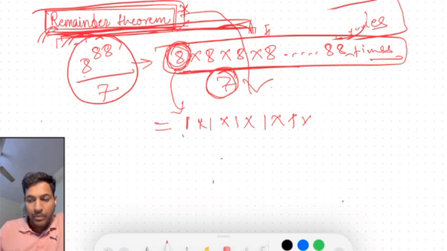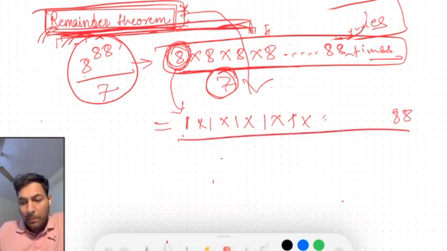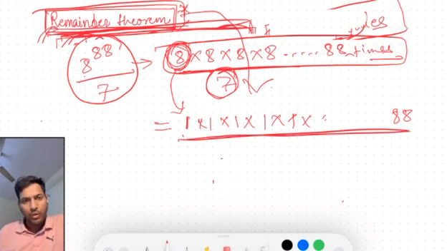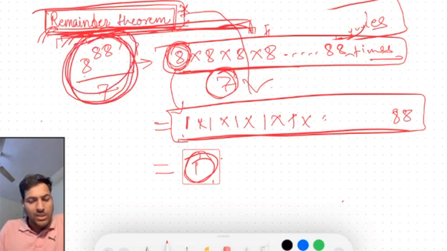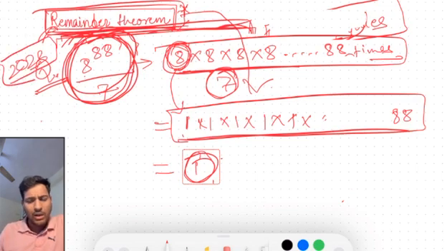So it becomes 1 into 1 into 1 into 1, 88 times. If you multiply 1 any number of times, the result is 1 itself. So the remainder is 1. This question, which UPSC probably asked in 2023, has a remainder of 1.